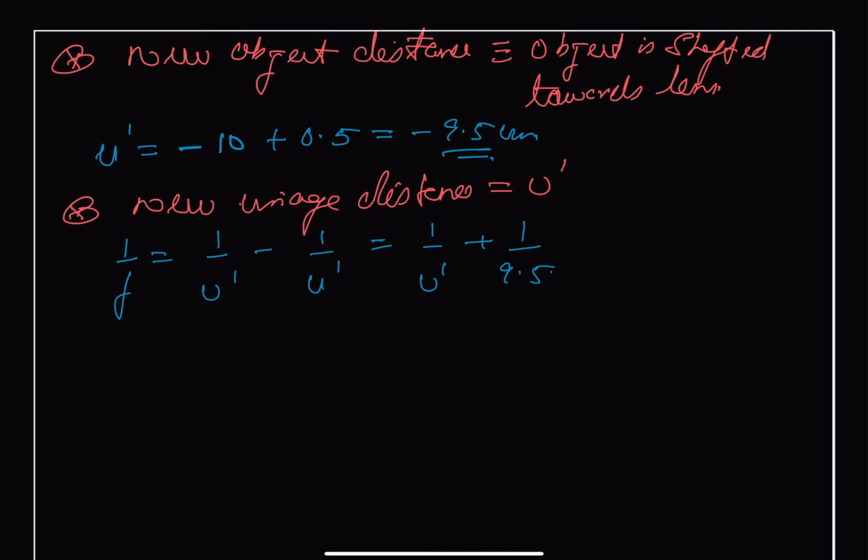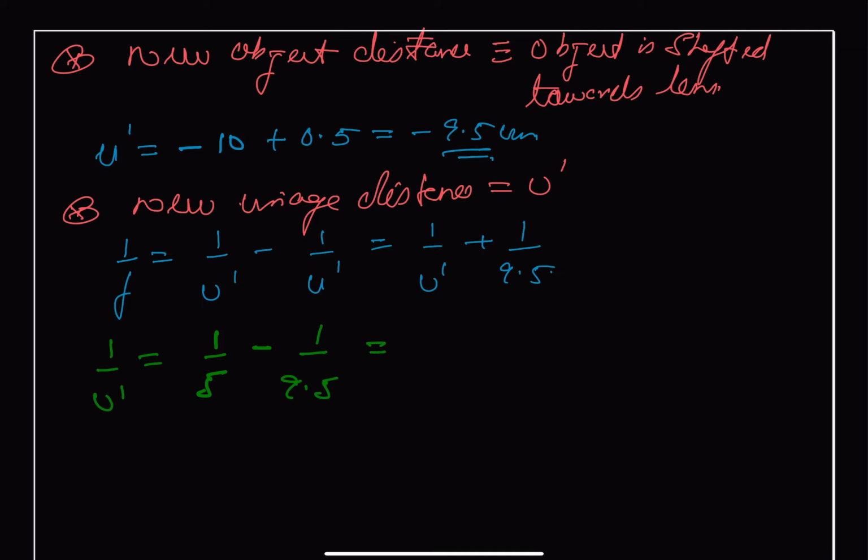We get from here that 1 upon v prime, f we just found is 5, is 1 upon 5 minus 1 upon 9.5.